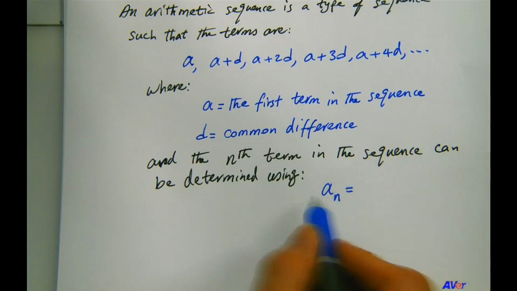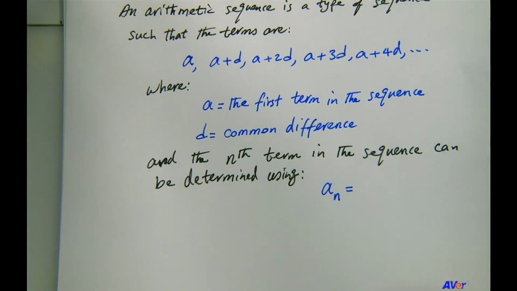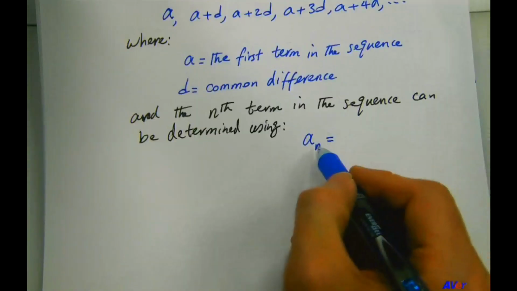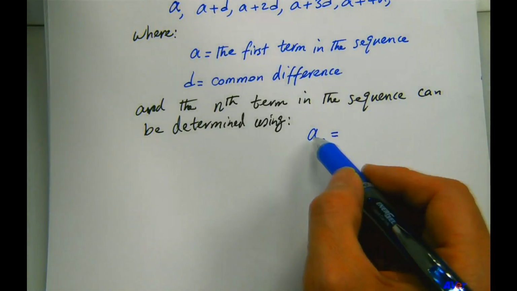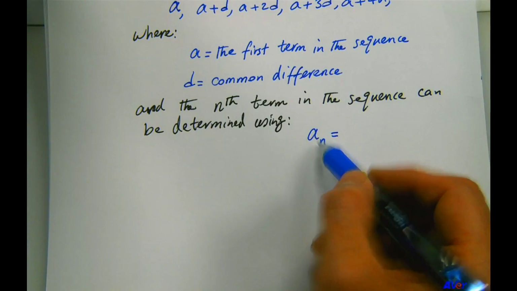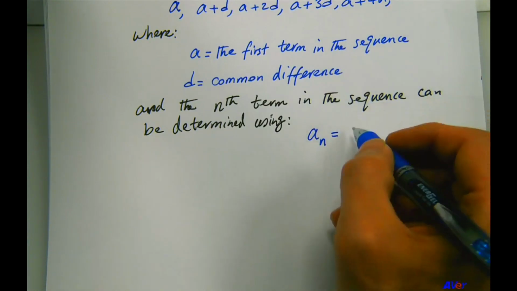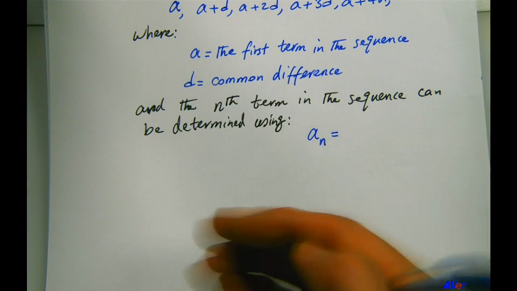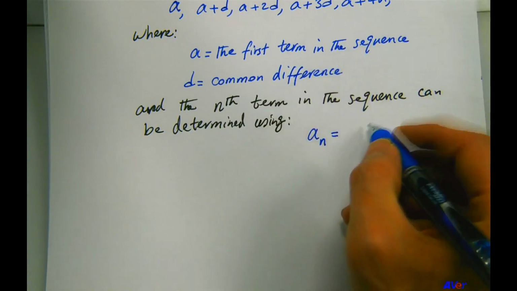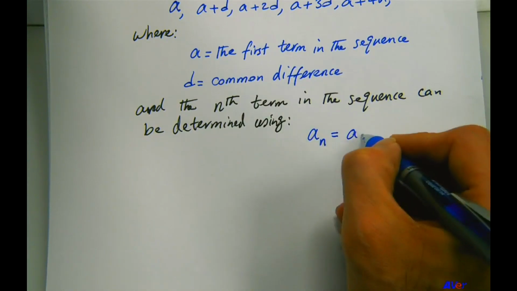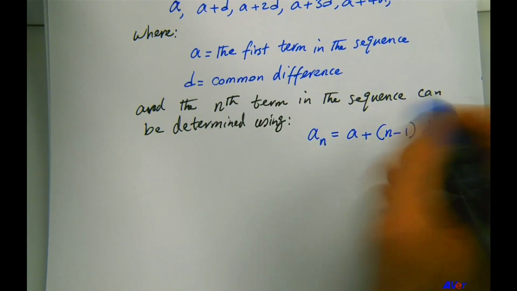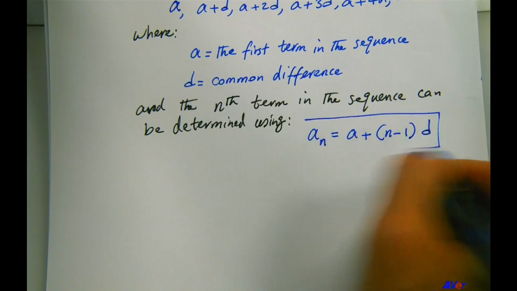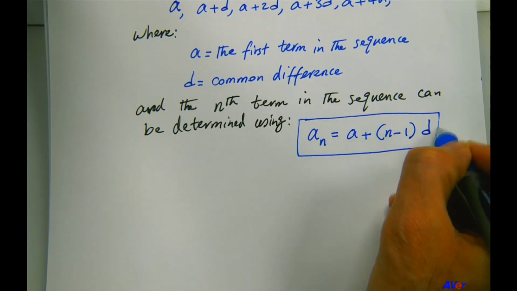Last time we learned what that is, right? That's any term in the sequence, because n is left free. Once you decide that this is A2, that would be the second term in the sequence, or A10, the 10th term, it is equal to A plus n minus 1 times D.